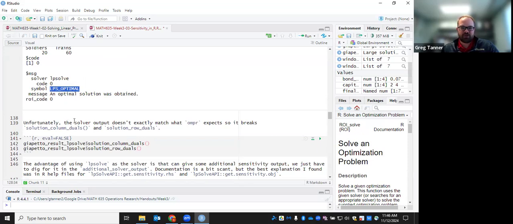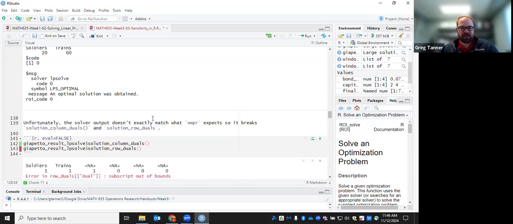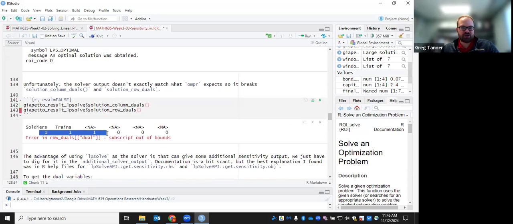And so the solver output's kind of broken for column duals and row duals. If you try to run that, for column duals you'll get something that's way too long, and we can tell that it's not set up correctly. And for row duals, you'll get a complaint about subscript out of bounds. Mostly, it's not the right size for what ompr is expecting as a library. Okay. But we still can get all the information. It's just hidden inside that additional solver output.